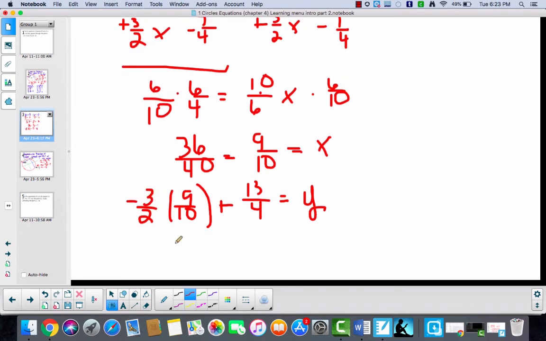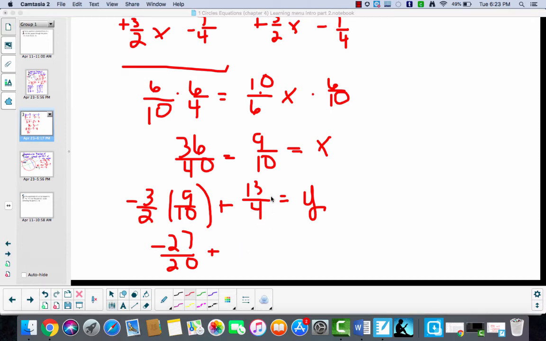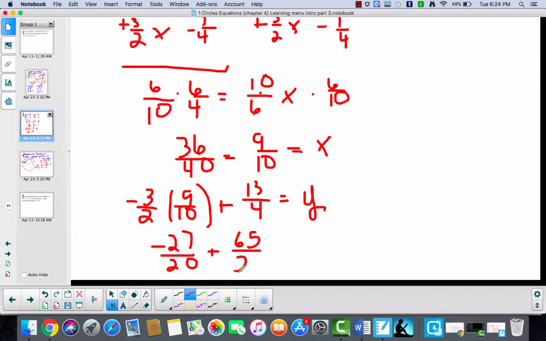Well, this is going to give me -27/20, and then 13/4. 13/4 would be the same as 65/20 because I would multiply both top and bottom by 5, so that it had the same denominator.